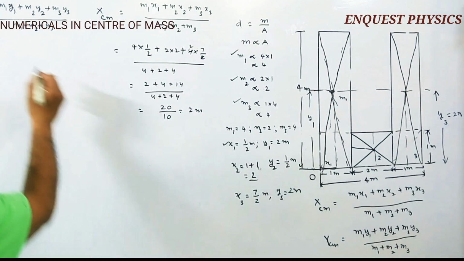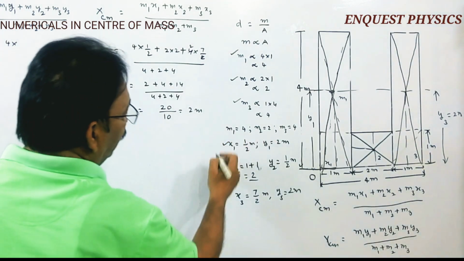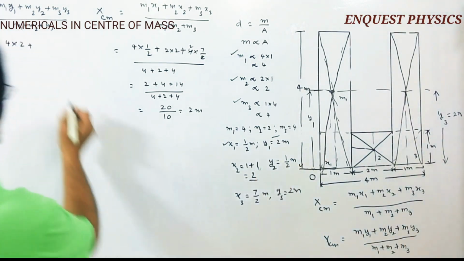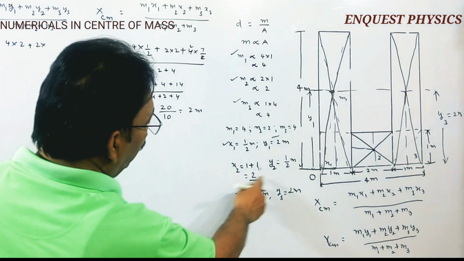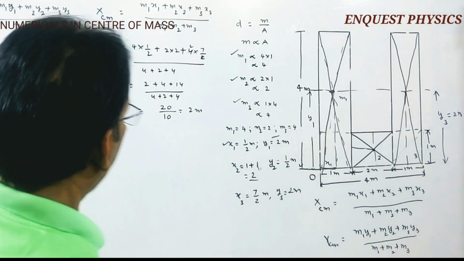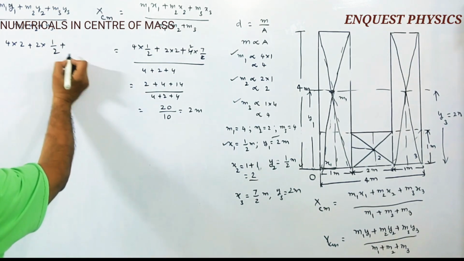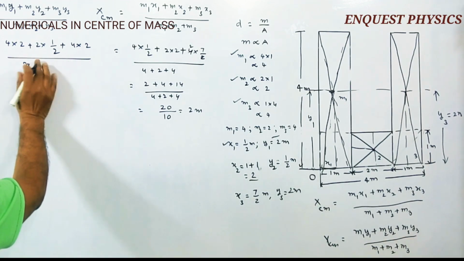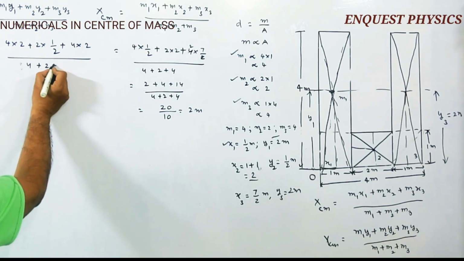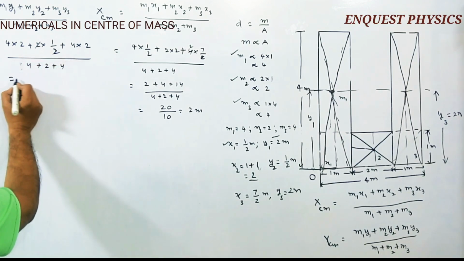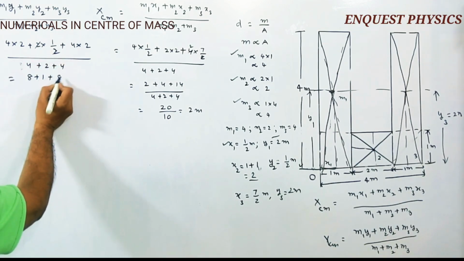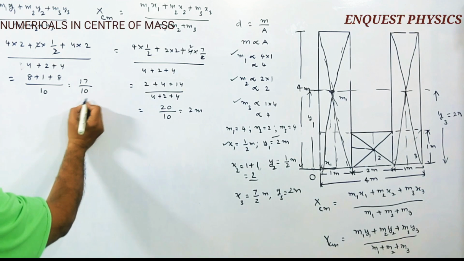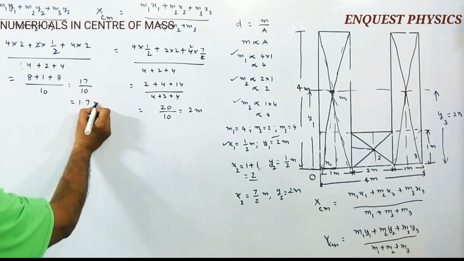Let's substitute the values. m1 obviously is 4, and take the y1 we have here, it is 2 meter, plus m2 is equal to 2, and y2 we had, it is half, plus m3, same as that, by 4 plus 2 plus 4. Here the 2 gets cancelled, it is 8 plus 1 plus 8 by 10, 17 by 10 is 1.7 meter.